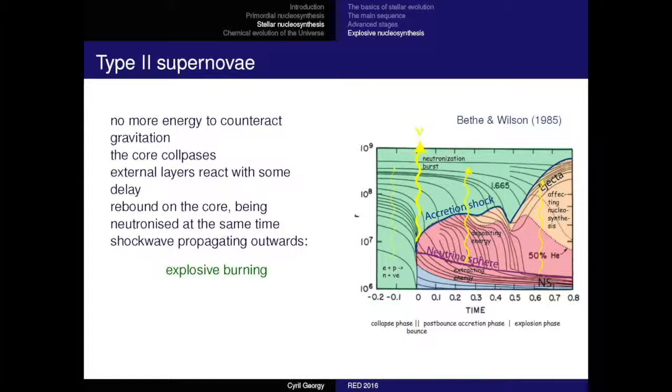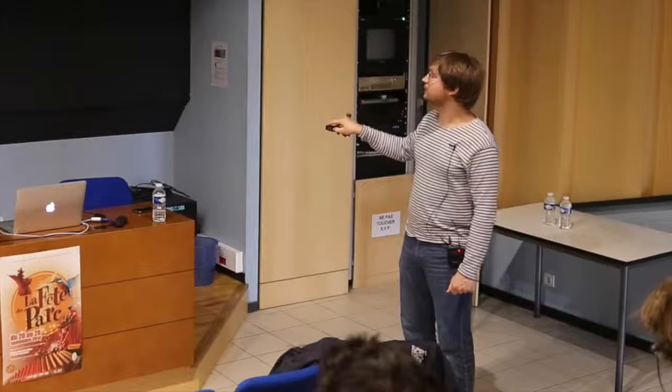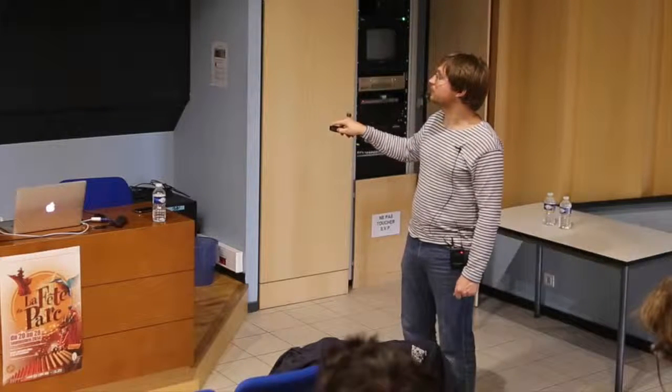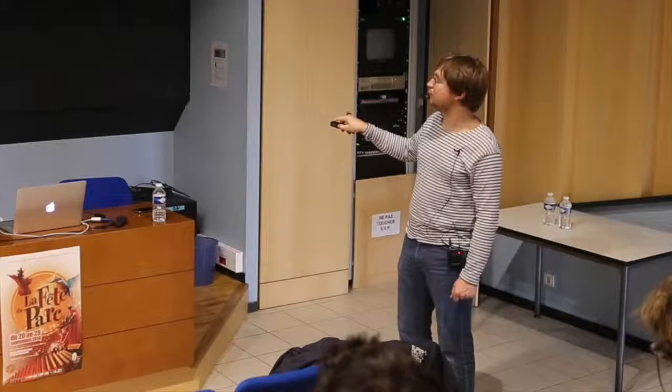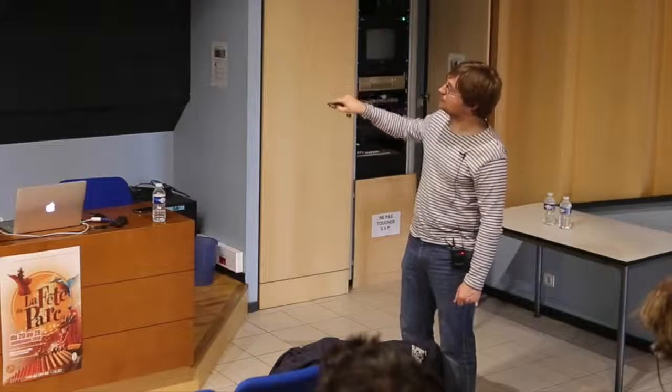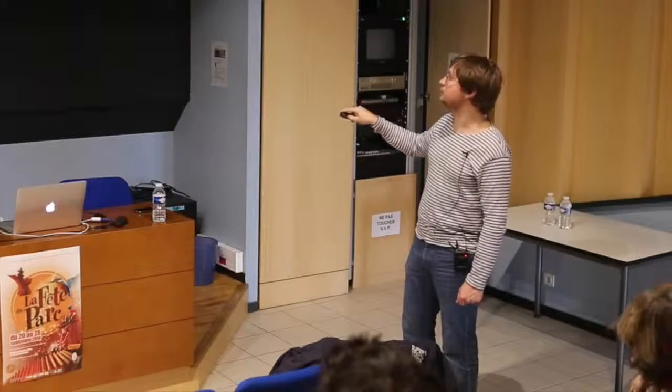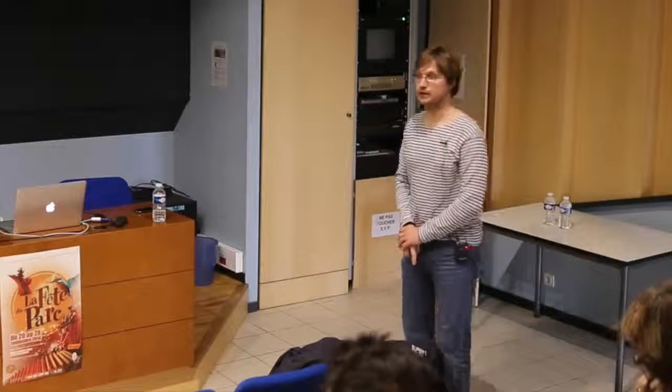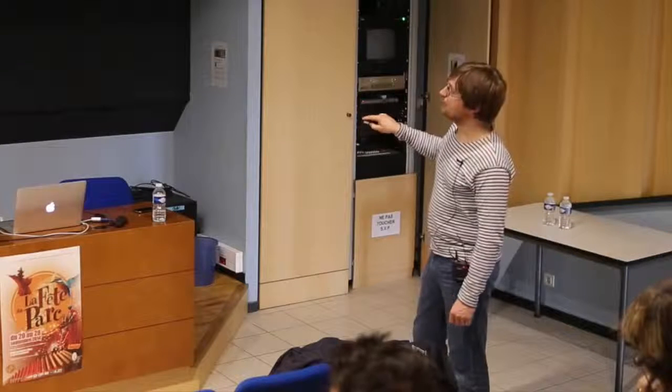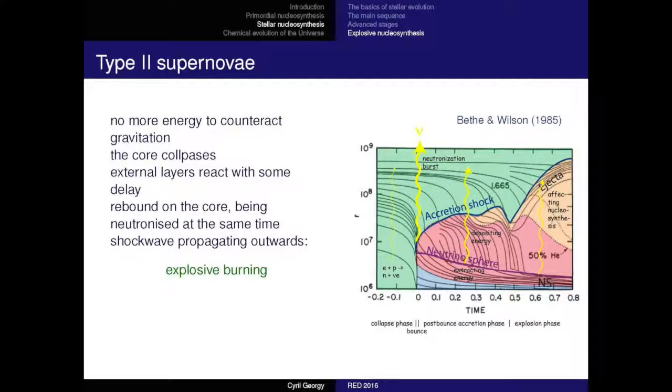You have time here in milliseconds, and here is the end of the nuclear burning, and here is the radius of your star, and the lines here show isomass locations. Basically, when these black lines go towards the center, the mass is collapsing towards the core, and when the lines are going outwards, it means that they are ejected at bigger radius.